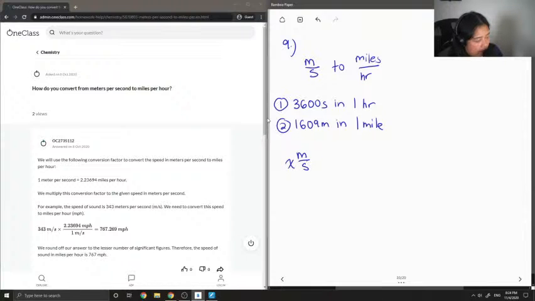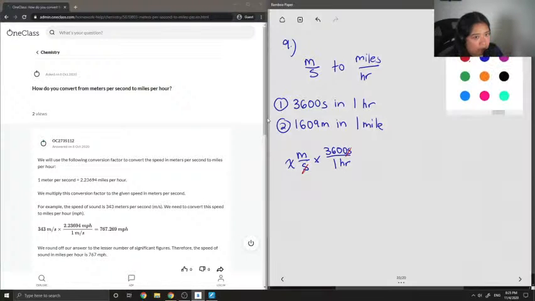Let's say we have x meters per second. The first thing I want to do is convert seconds to an hour. So to cancel out the seconds, I need to multiply by seconds. So it's going to be 3,600 seconds over 1 hour. So this will cancel out our seconds. And then again, I need to multiply by our conversion factor to cancel out the meters and get miles.